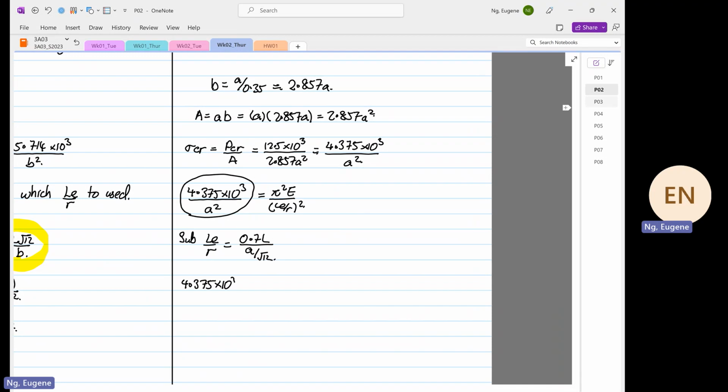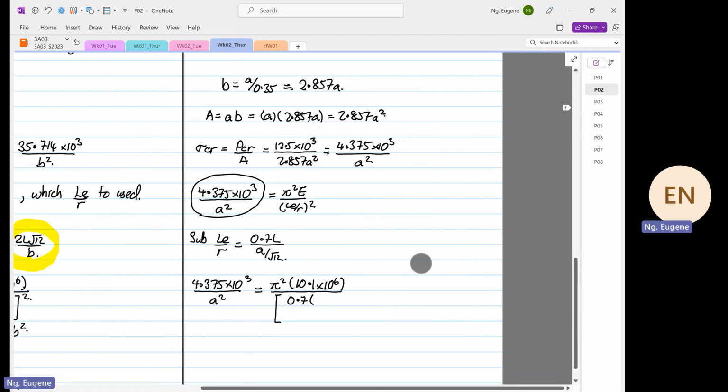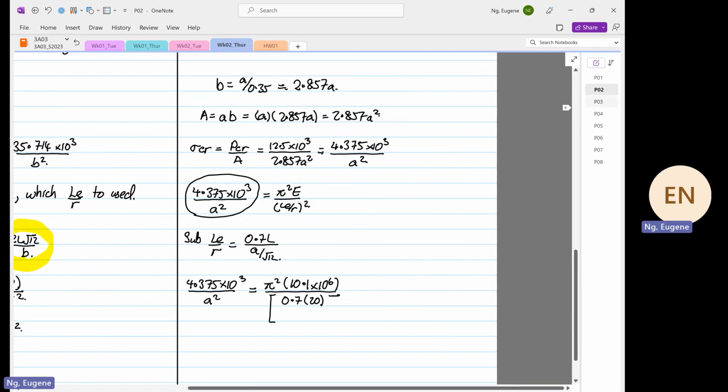Now we have the term 4.375 times 10 to the power 3 over A squared, and this will be equal to pi squared times 10.1 times 10 to the power 6 divided by LE over R. This will be equal to 0.7 multiplied by L. Our L, I think, is 20, and then this is square root 12, the whole thing over A, and the whole thing squared.